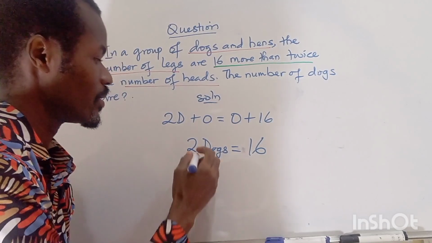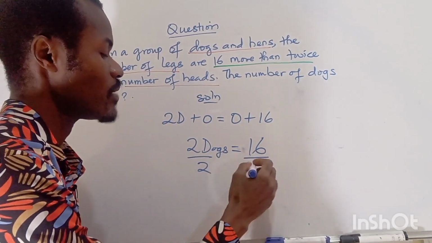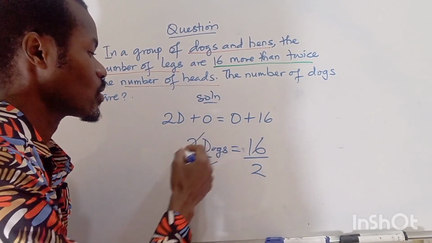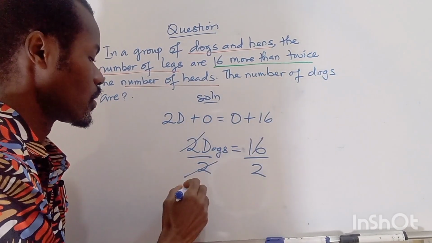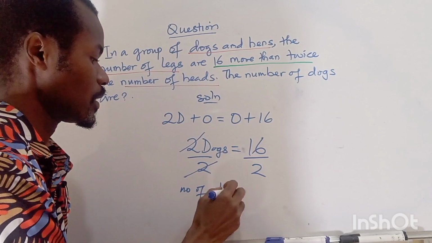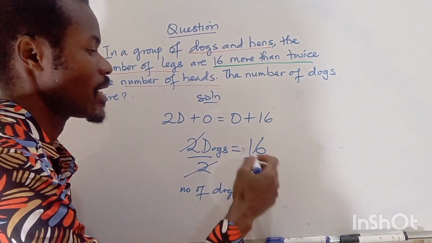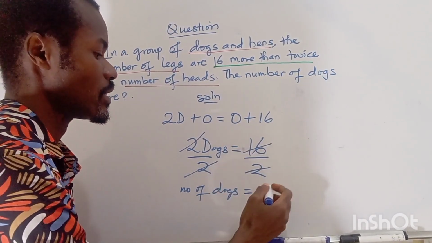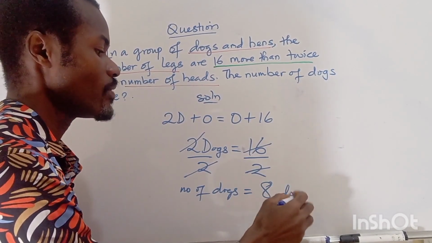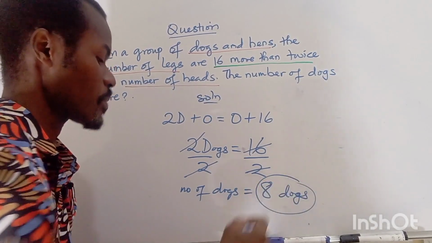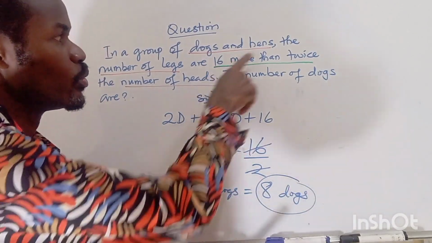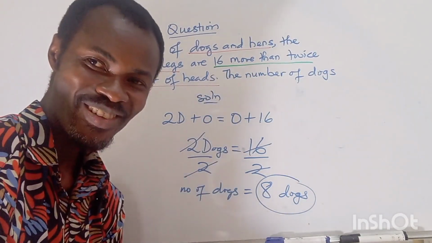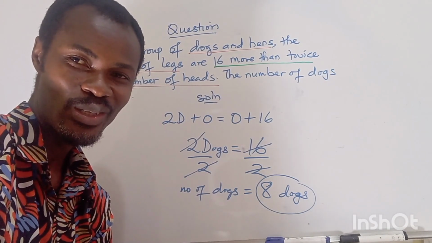Now we have to find d. So we divide by 2 and divide by 2. This will cancel out. So the number of dogs in this problem is, 16 divided by 2 is what? 8. So we have 8 dogs that are being grouped with what? Hens. So that gives us a simple solution to this problem.